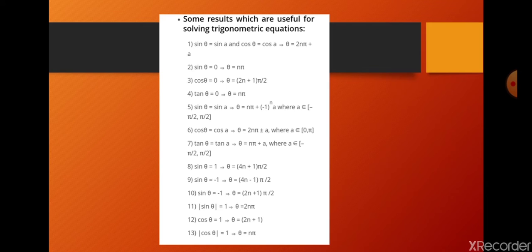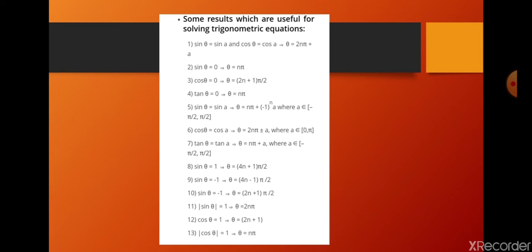Second one, sin theta equals 0, that implies theta equals n pi. Cos theta equals 0, which implies theta equals 2n plus 1 into pi by 2. Tan theta equals 0, that implies theta can take the values of n pi.